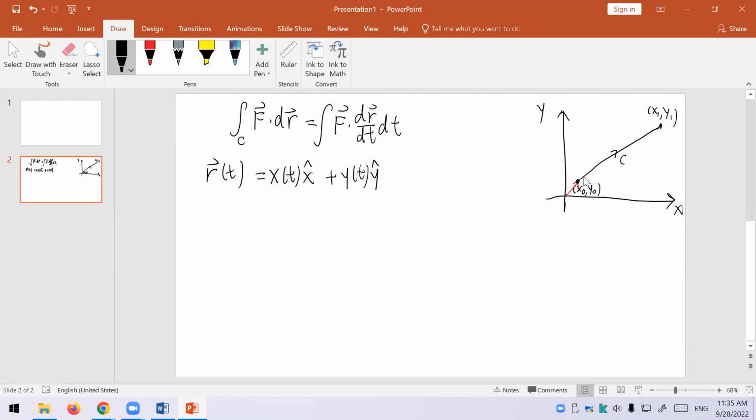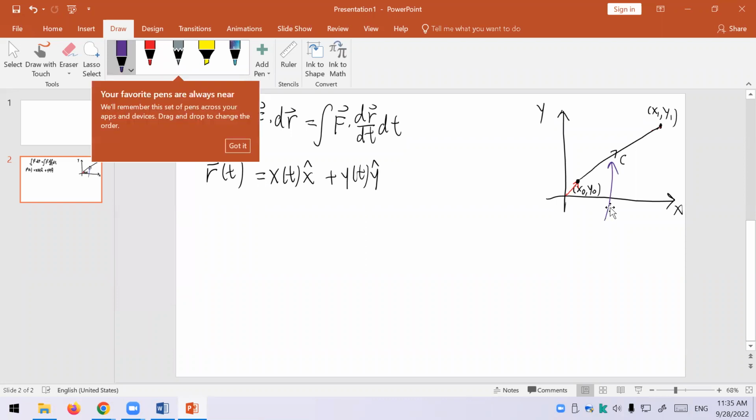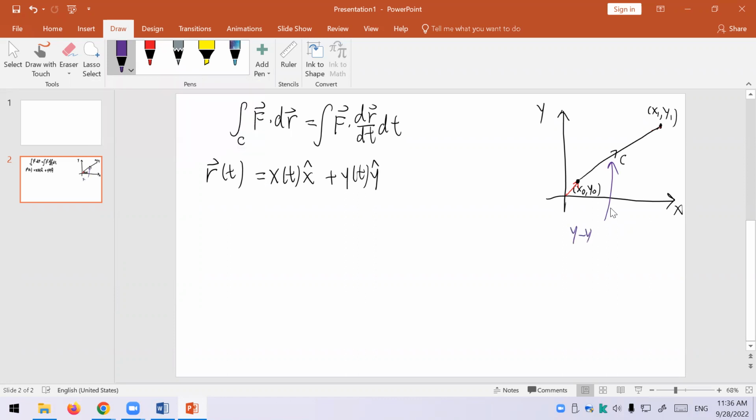To make the parameterization, the first step is to find the equation for this line. The equation for this line is very simple. It's just y minus y naught equals the slope times x minus x naught.